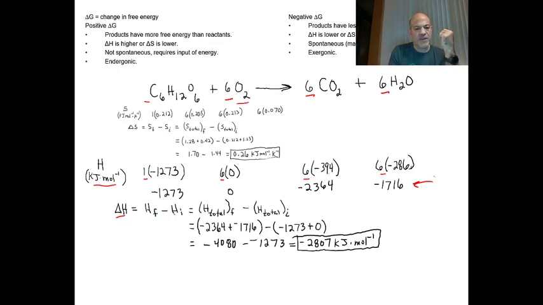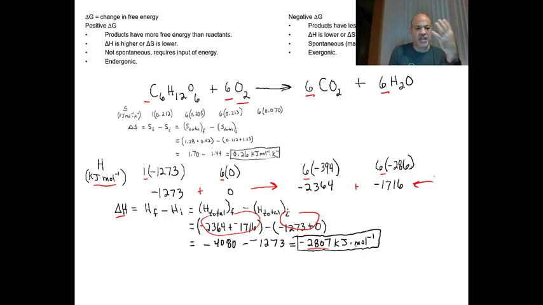Okay, it's always final minus initial, and it's got to be a total because on both sides of the equation we have more than one reactant and more than one product. So I put those totals into this equation, and it turns out that I get a value of negative 2807 kilojoules per mole.